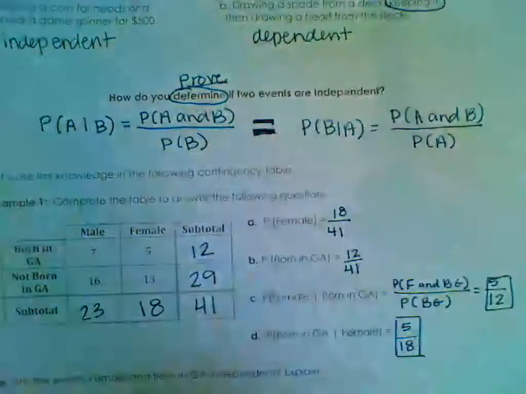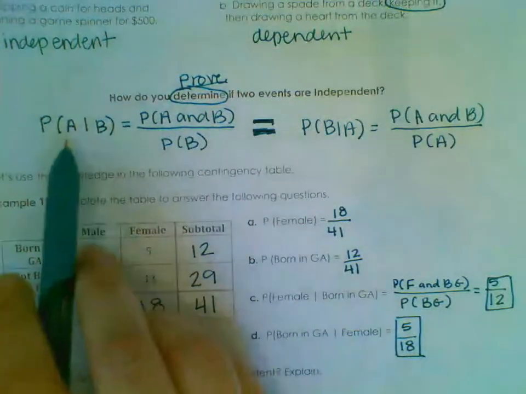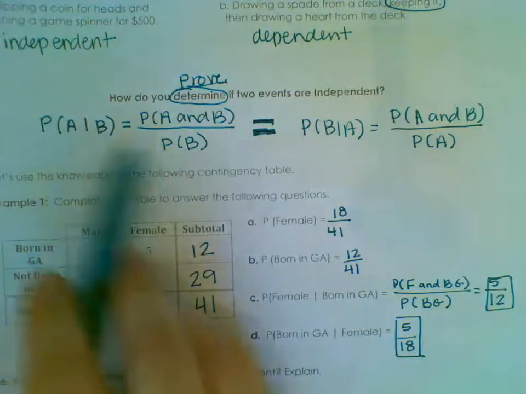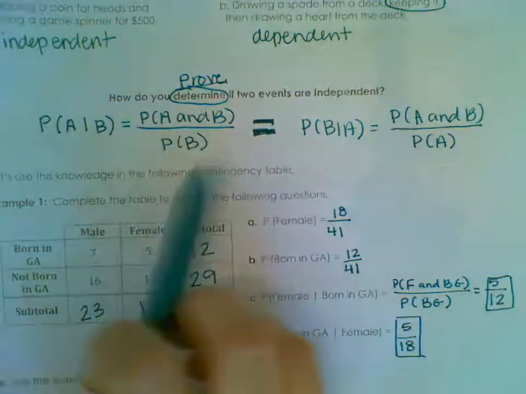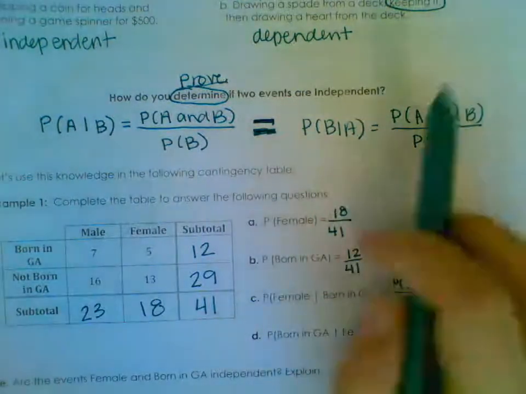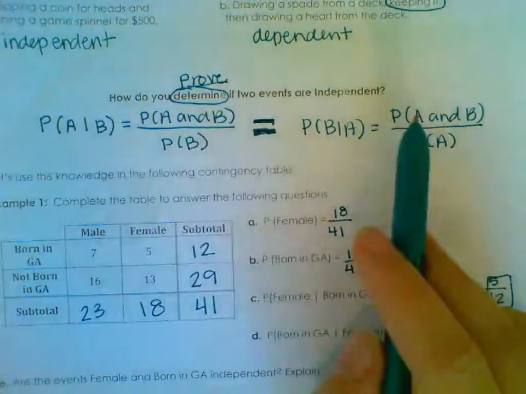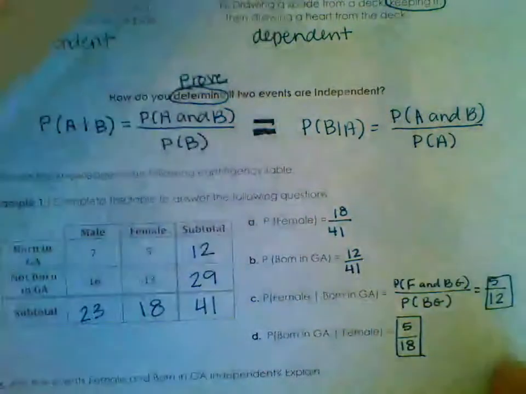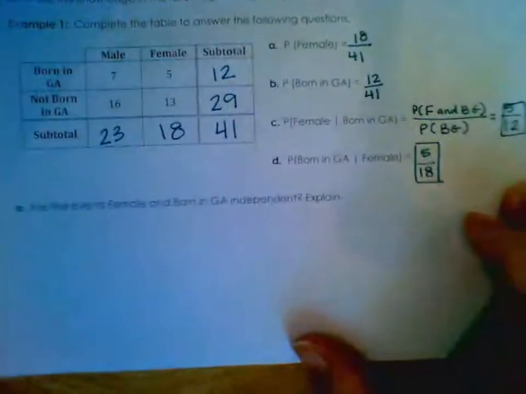And remember, the way to prove that is by comparing those two conditional probabilities. Do A given B, find that answer. Find B given A, find that answer. And then I want you to compare the two to each other. So thankfully for this problem, we have actually already done that.